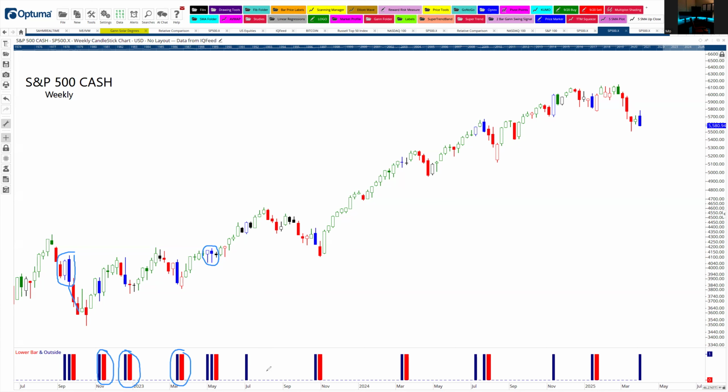This one is the outside with the lower. There's three of them here. One here and one. This is to the downside right there, forming on the top. And now we just had this. This is what I want to see, because we had a low.